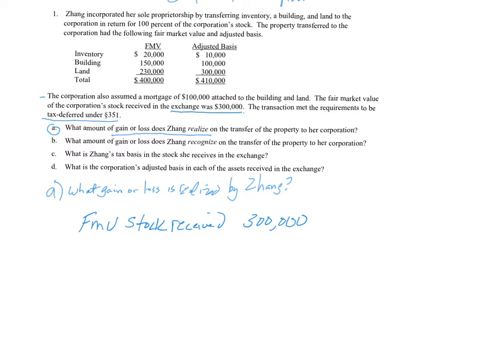Okay. What do we also know? We also know that the corporation assumed a mortgage attached to the building and land. Okay. So she also received the mortgage assumed by the corporation.